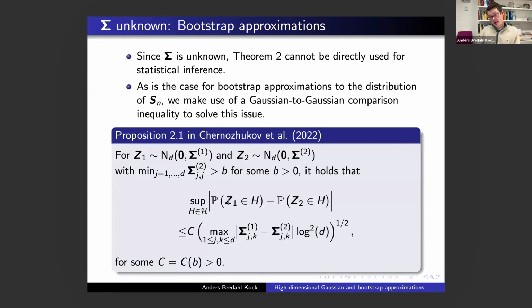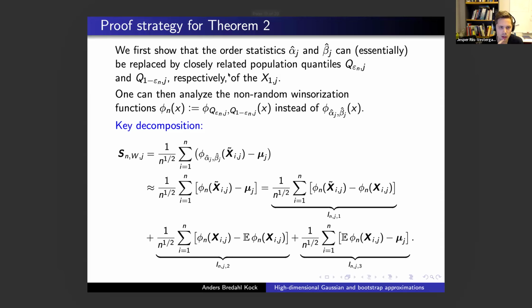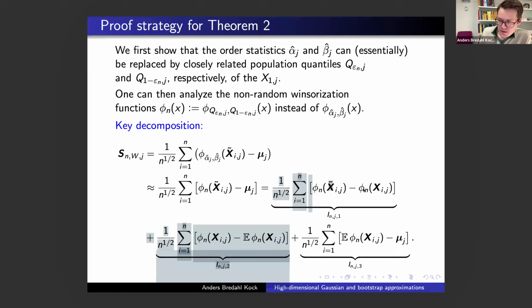Now, sigma in practice is unknown. Hans, can I cut in? Can you go back one slide to the decomposition there? At what point does the geometry of the sets play any role here? Do the hyperrectangles play any role at this stage? Yeah, here it plays a role in the sense that I said these have to be sufficiently small, and at some point you use... what does sufficiently small mean?